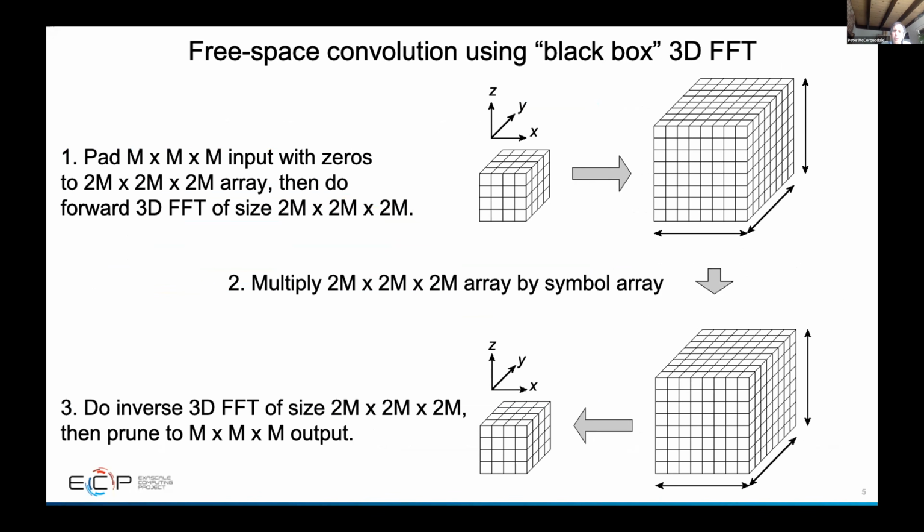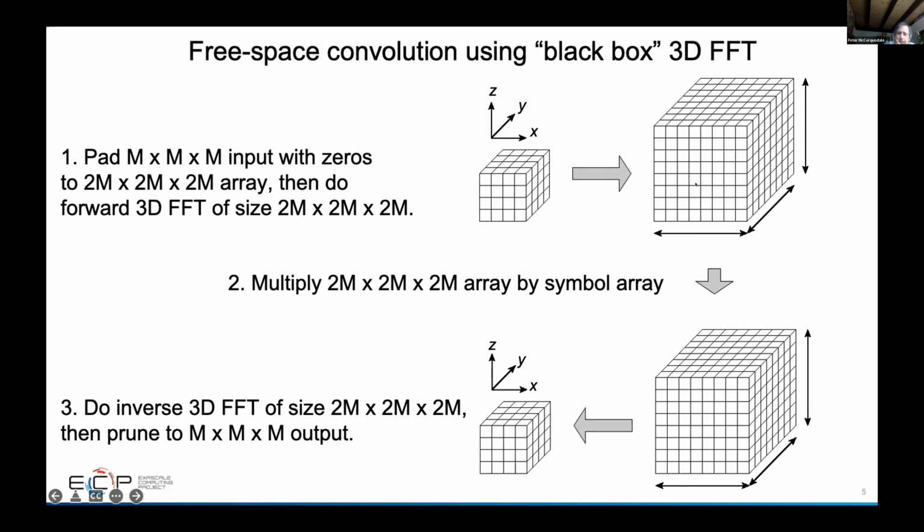So if you do free space convolution using a 3D FFT library routine as a black box, you have three basic computational steps. You call the forward 3D FFT on a zero padded input array, multiply by the symbol, call the inverse 3D FFT, and prune the output back to the original size.